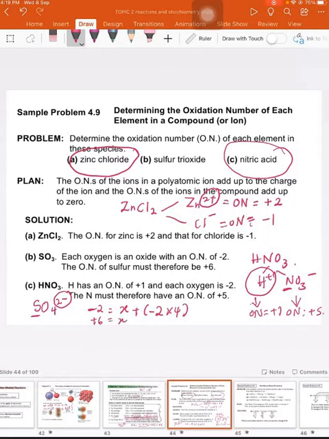Okay, so the oxidation number for sulfur in SO4 2 minus is positive 6, because sometimes if we have SO3 for example, coincidentally sulfur is also positive 6 there, but sometimes it can be different.